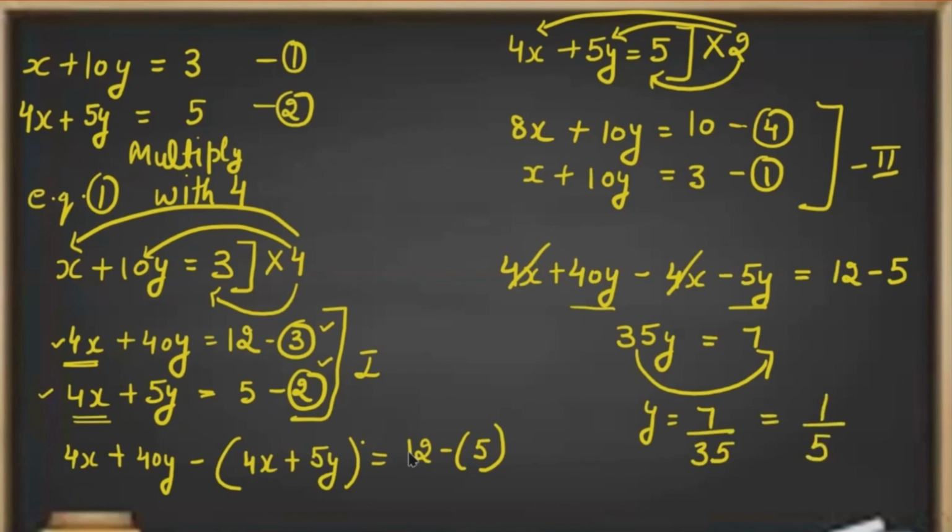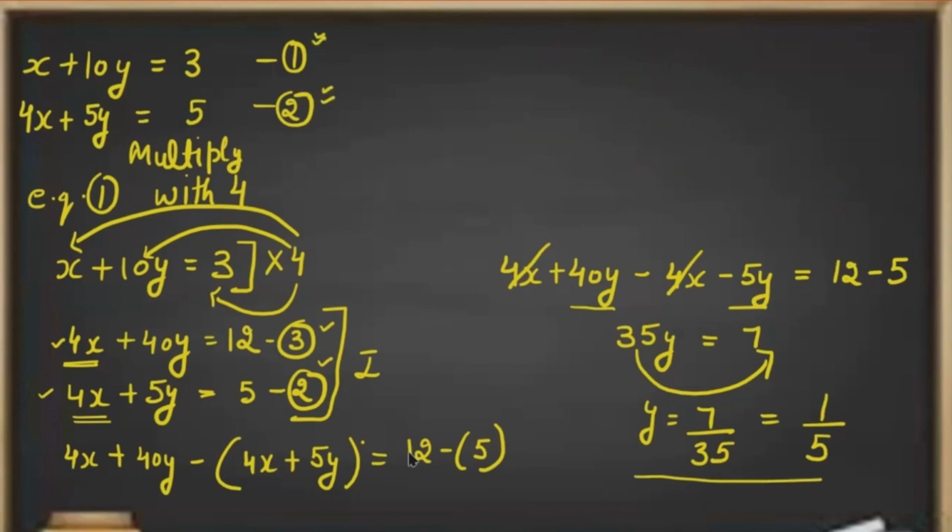Now we will substitute the value of y in either equation 1 or equation 2. I will substitute the value of y in equation 1. Equation 1 is x plus 10y is equal to 3. Substitute 1 by 5 in place of y.